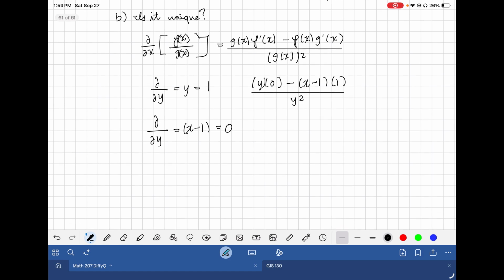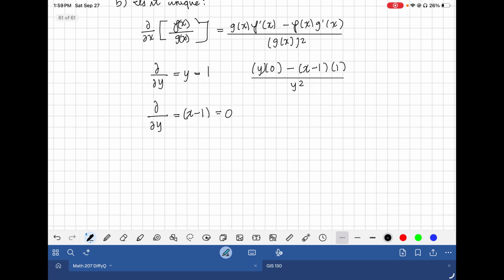And so we see already we're kind of in the same situation where if we plug in the initial value problem, y is equal to 0, and it's going to be undefined.